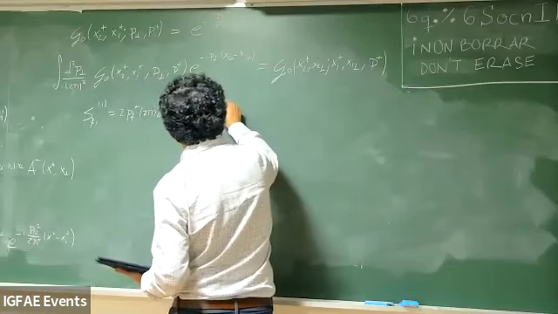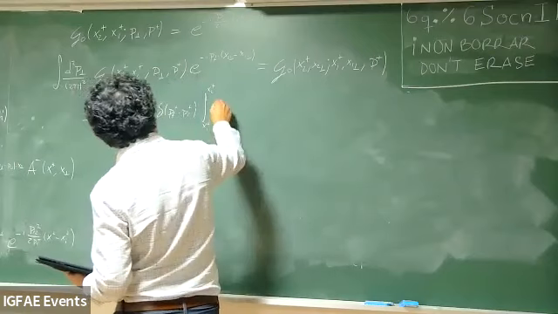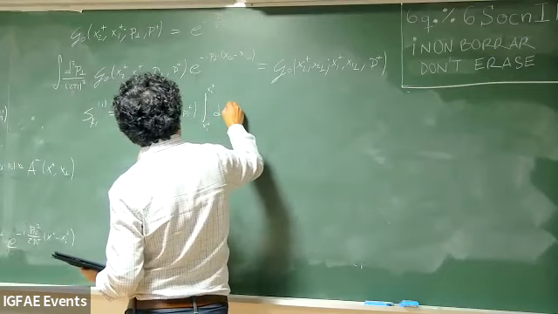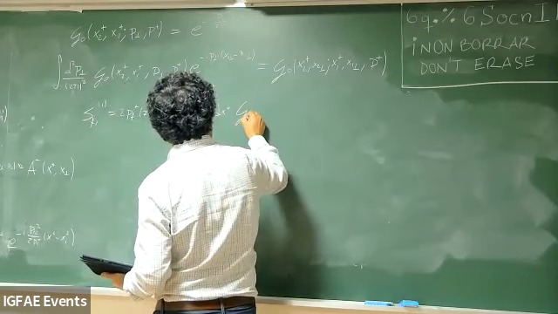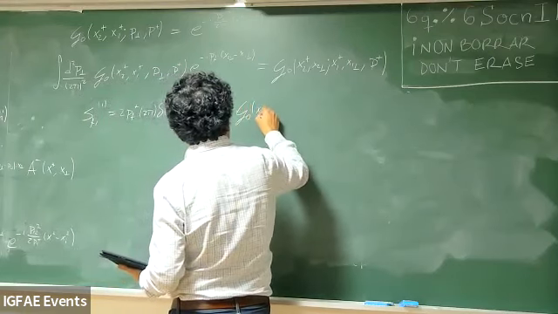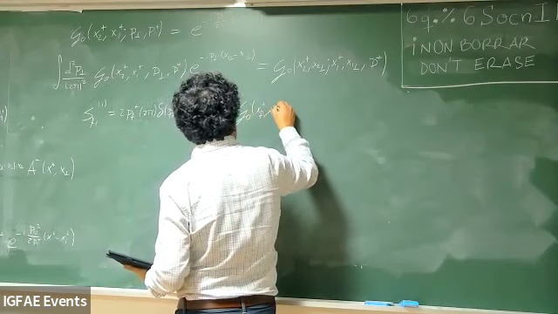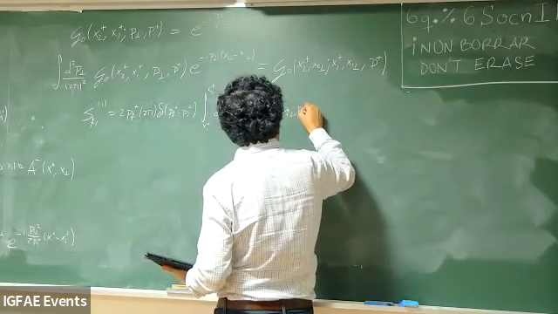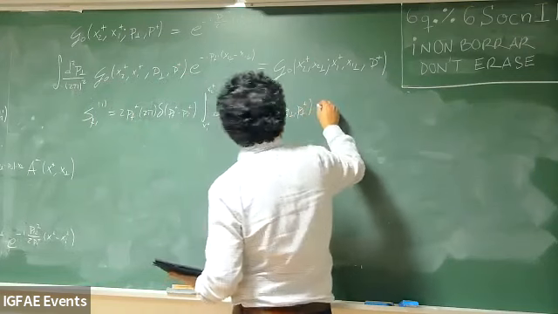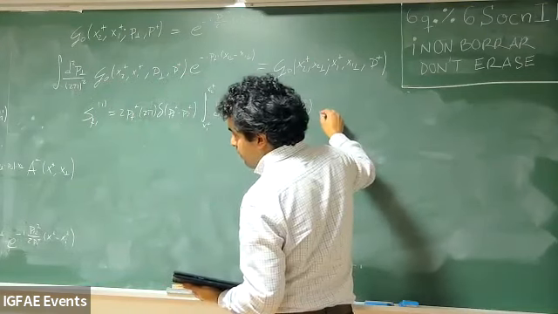It's saying I have x plus integration, and I want this to be zero from x final plus to x initial plus.